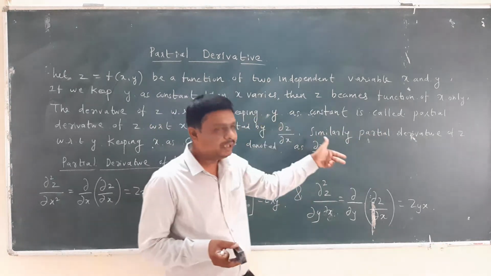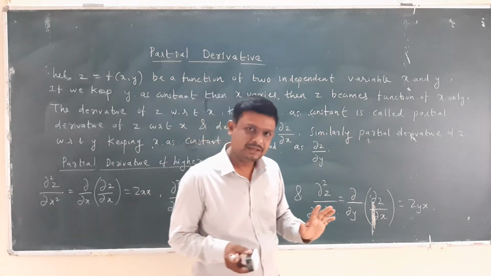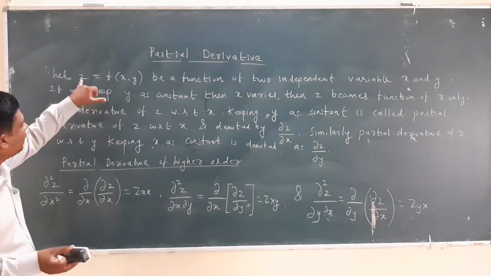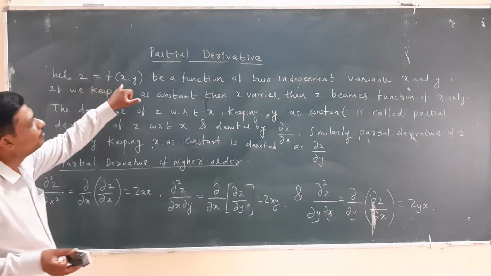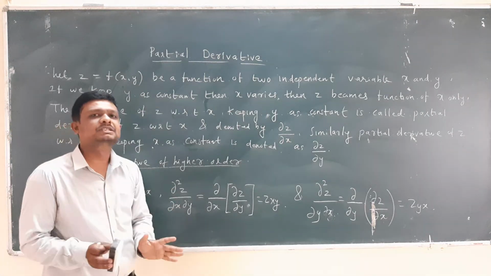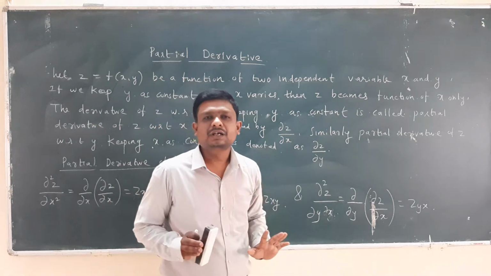So there are only two variables, one dependent and one independent. But in partial derivative, we come across one dependent variable and more than one independent variable. This is the basic difference between ordinary differentiation and partial differentiation.